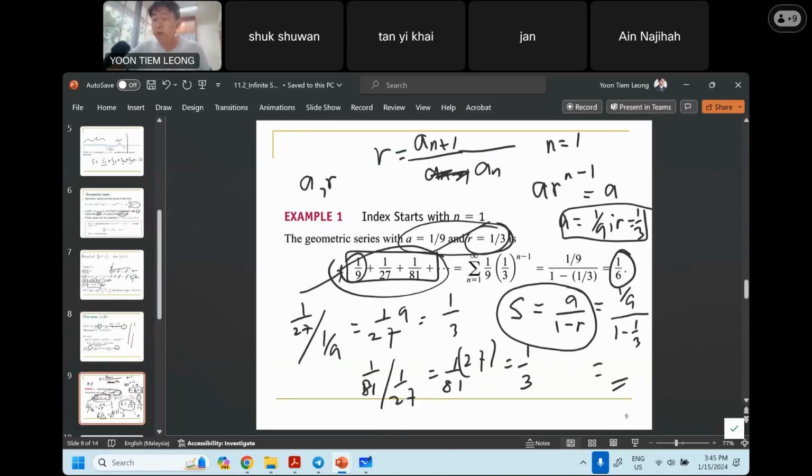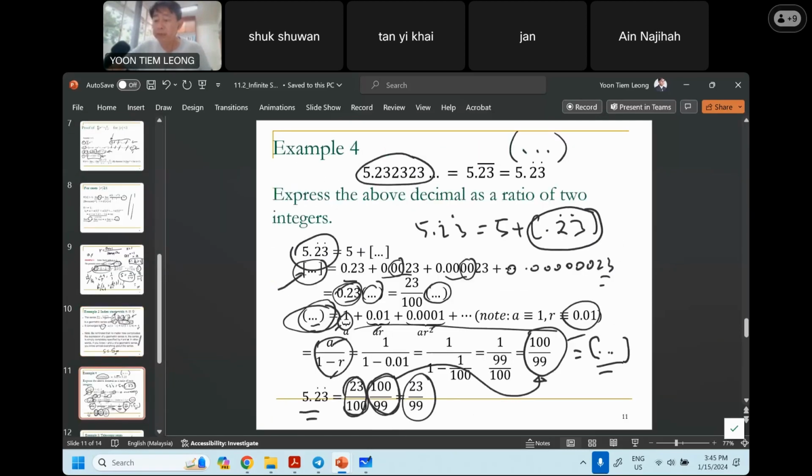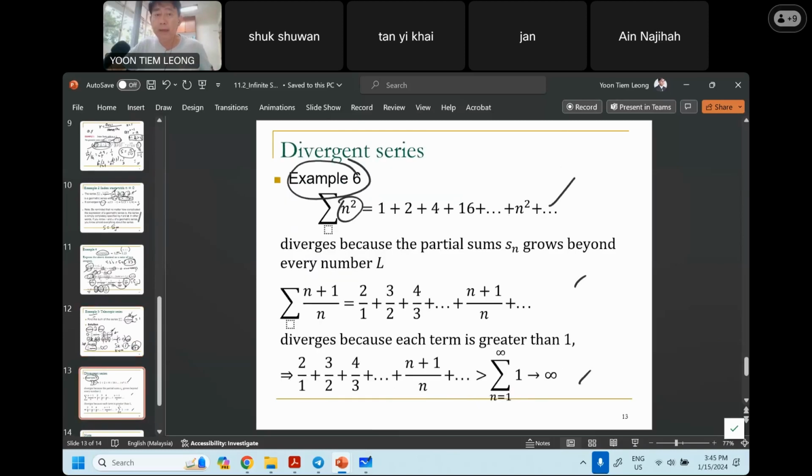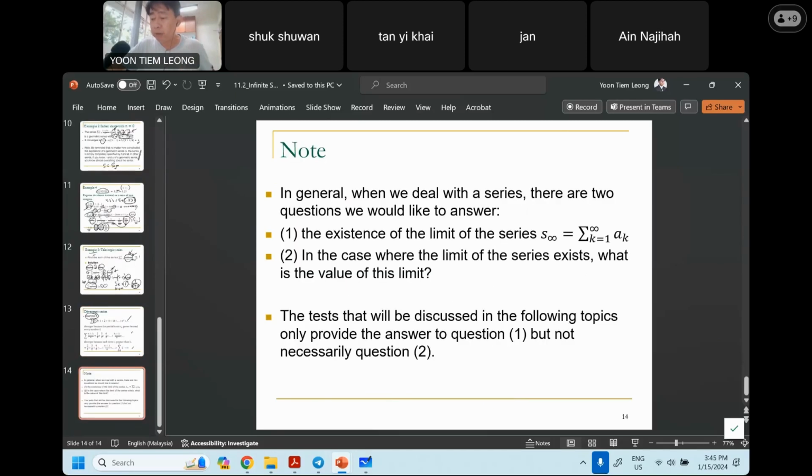We also looked at a few examples, such as the telescopic series, which is convergent, but its convergence is not proven using any theorem; you have to use some mathematical insight before you arrive at the value of the series. Then we also gave an example of a series that is not convergent.